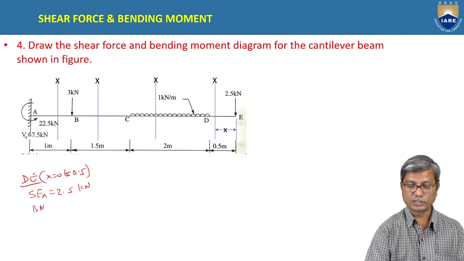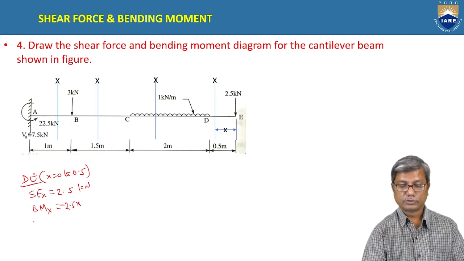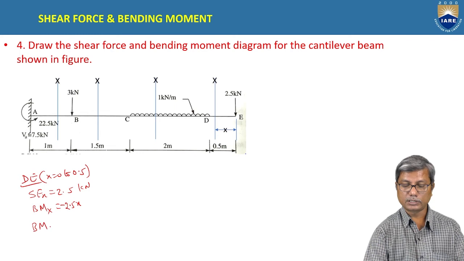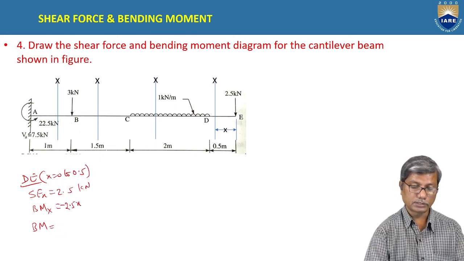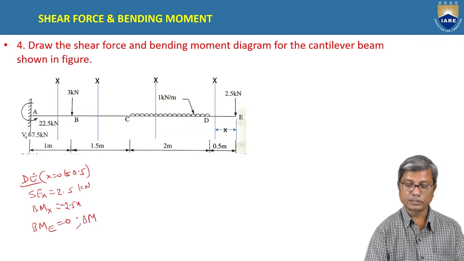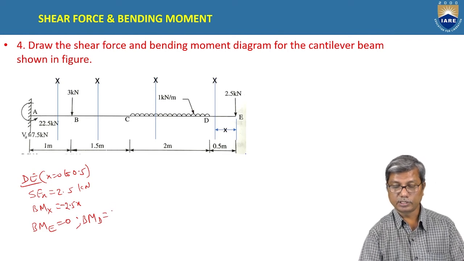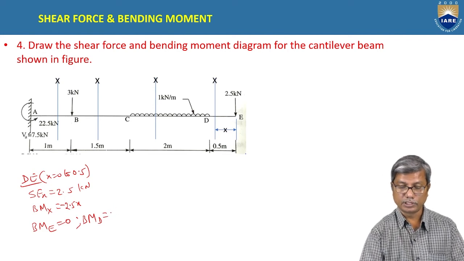And bending moment at X is minus 2.5 into X. So bending moment at E is 0, and bending moment at D is minus 2.5 into 0.5, that is minus 1.25.